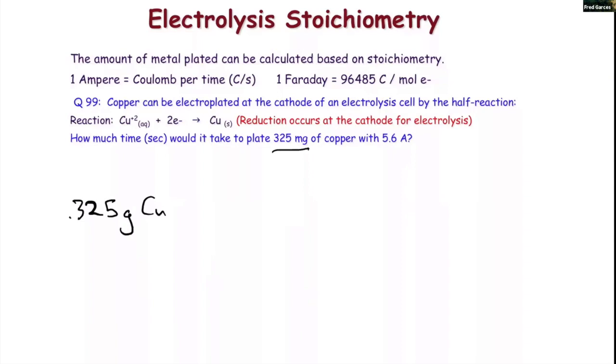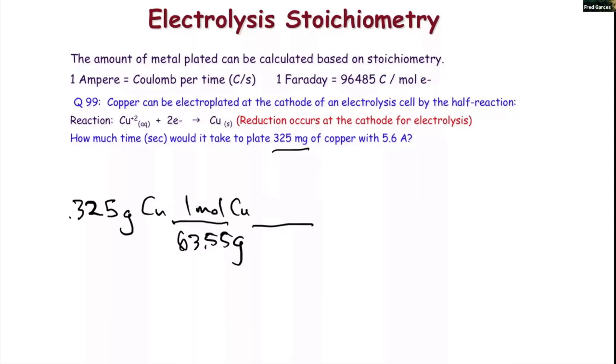And the atomic weight of copper happens to be, let me find that in my periodic table. I'm just going to set this up for you, and then you can see again how dimensional analysis works. I got 63.55 grams per 1 mole of copper.